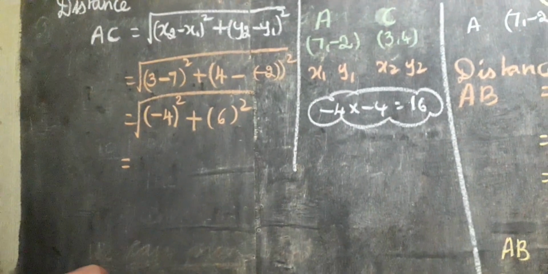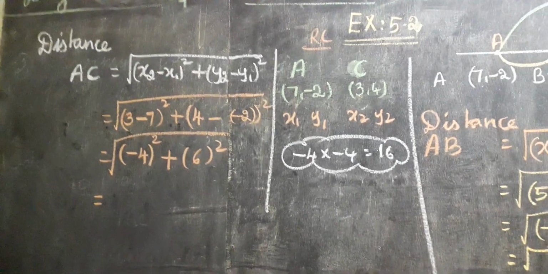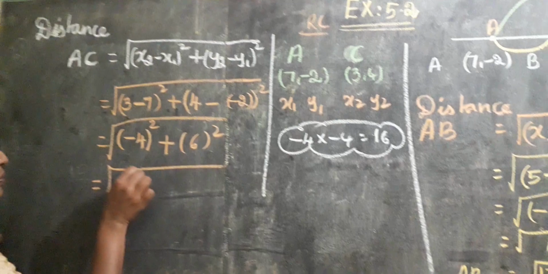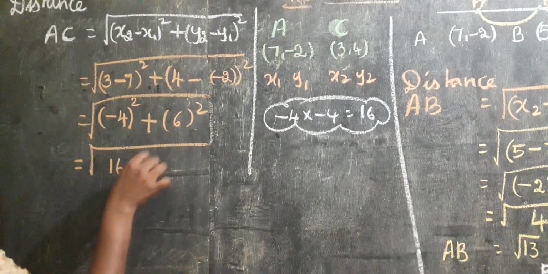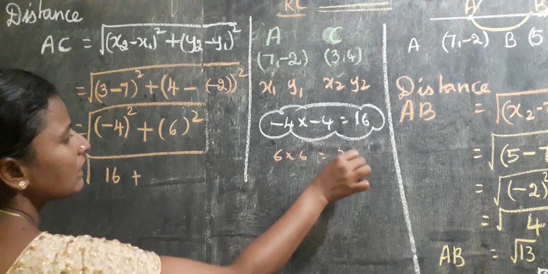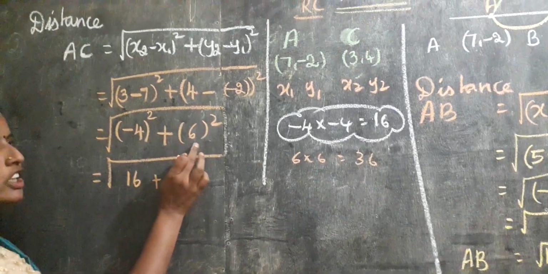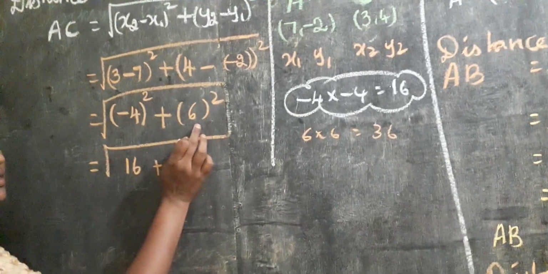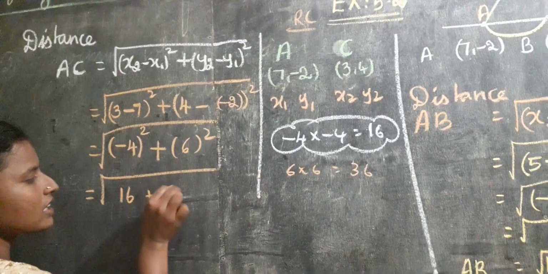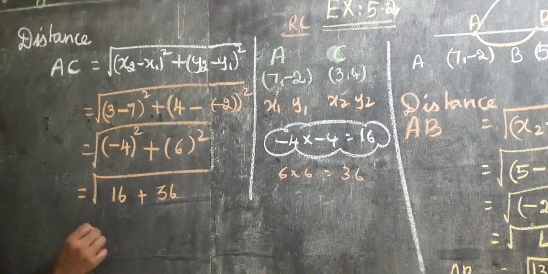So you have to write the value 16. So square root of plus 16 plus 6 square. 6 into 6, 6 sixes are 36. That is the square value. Square means multiplying the same number two times.